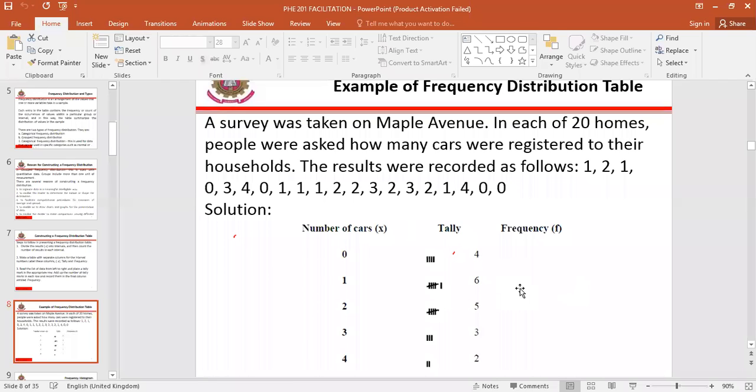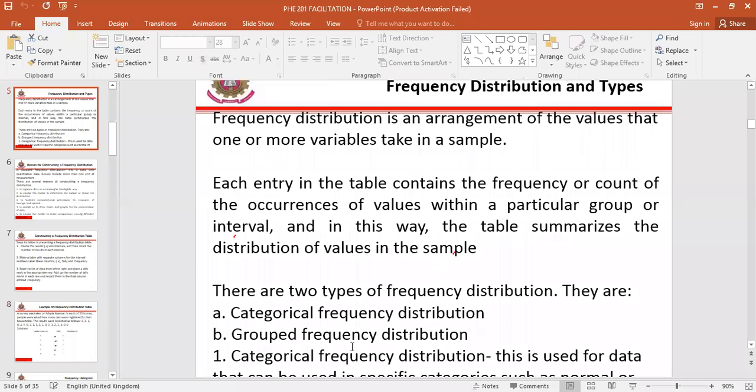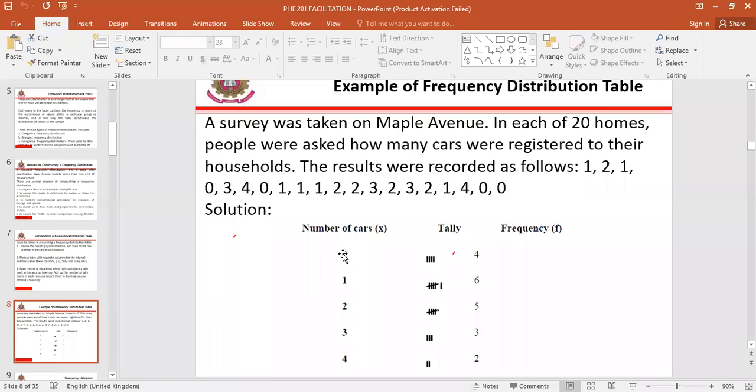Now look at this example I gave you. Look at these numbers of vehicles. You see that they are specific as against the tally. But in the case of the group frequency distribution, you can have the kind of range like from 1 to 1.5.